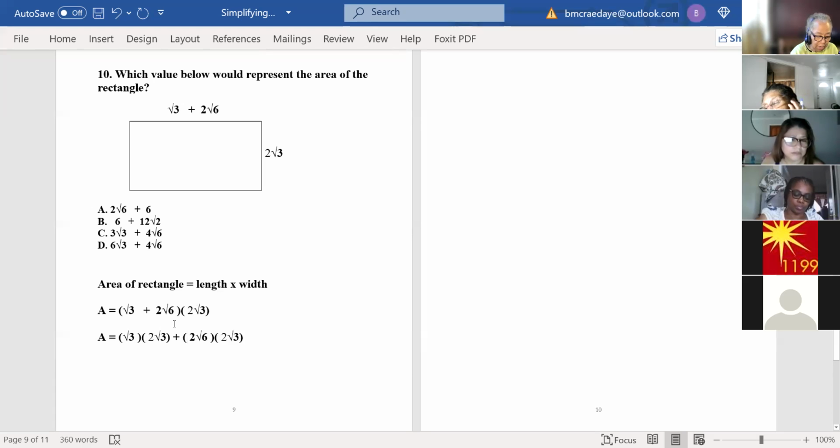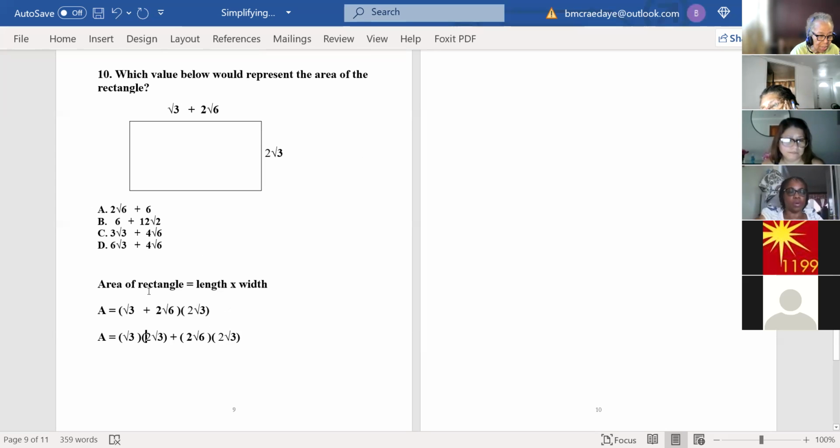All right, so multiply that out. Tell me what you get. Remember, I said square root of 3 times square root of 3 is 1/2 plus 1/2. So that means square root of 3 times square root of 3 is 3. And then 3 times 2 is what? 6.